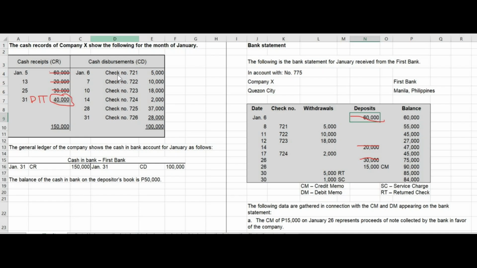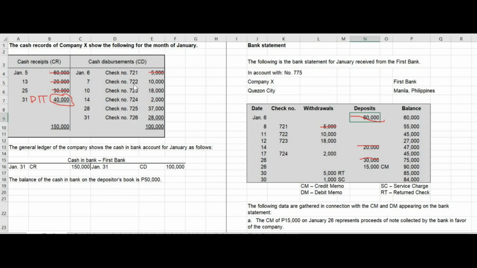So, for example, here, yung check number 721, 5,000. So, check naman natin doon sa debits ng bank's records. So, dito, we have 5,000. This is already reconciled. So, nag-reflect na doon sa bank statement.